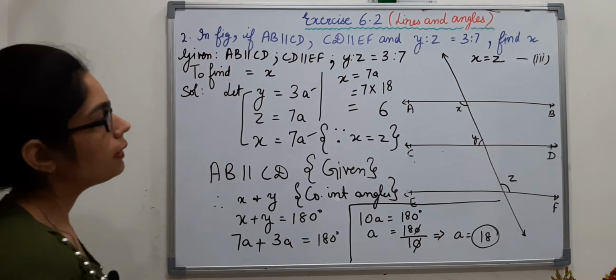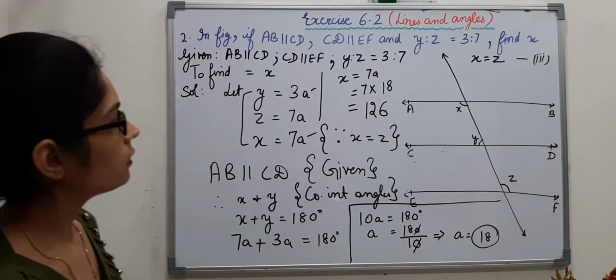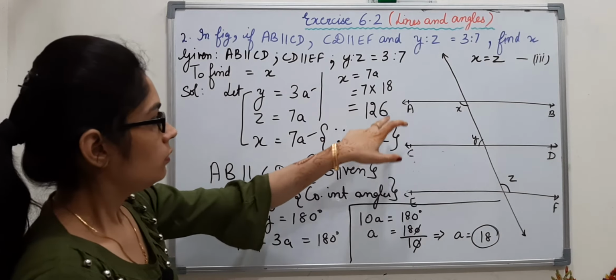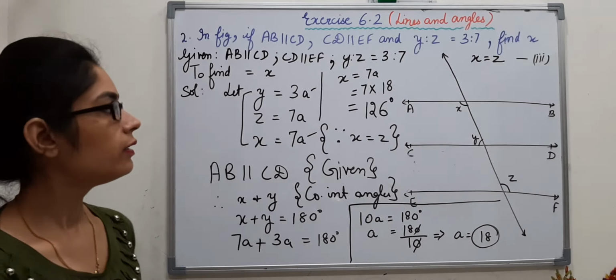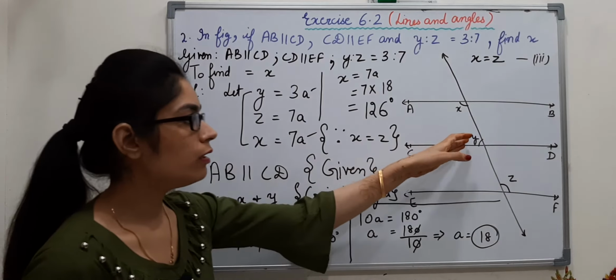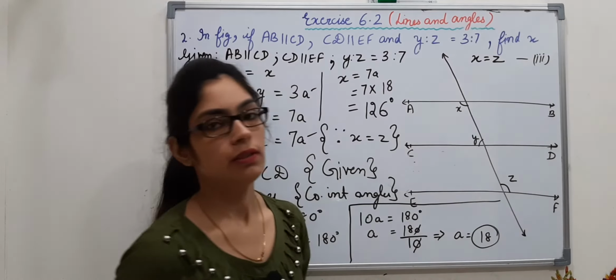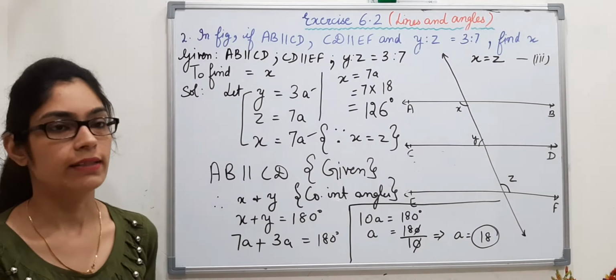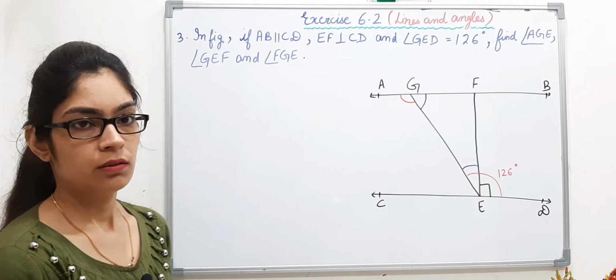So 7 multiplied by 18 will get 126. So x is equal to 126 degrees. So we don't have to find the value of y or z because in the question it's mentioned we only have to find the value of x. So it is found now. So let's do the next question.